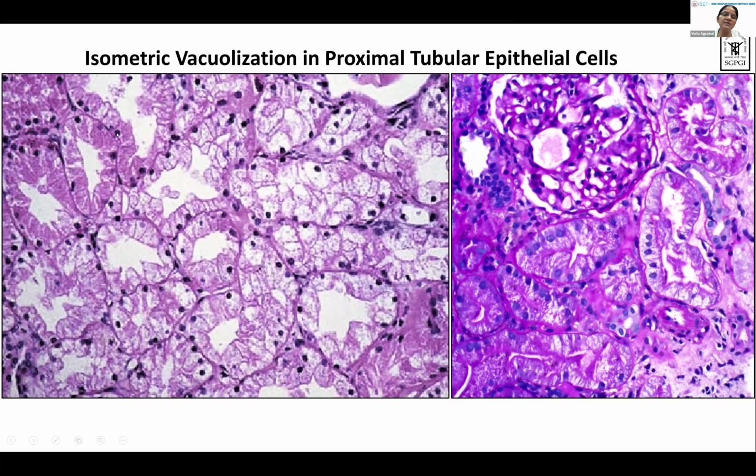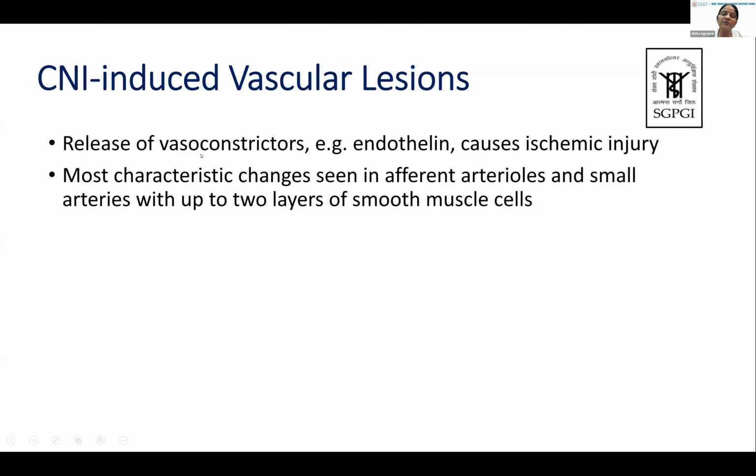The vascular lesions are caused by vasoconstriction, which causes ischemic injury. The most characteristic changes are seen in the afferent arterioles and the small arteries, which have 2 layers of smooth muscle cells. For these, we use the term CNI arteriolopathy because these are the arterioles which are involved.